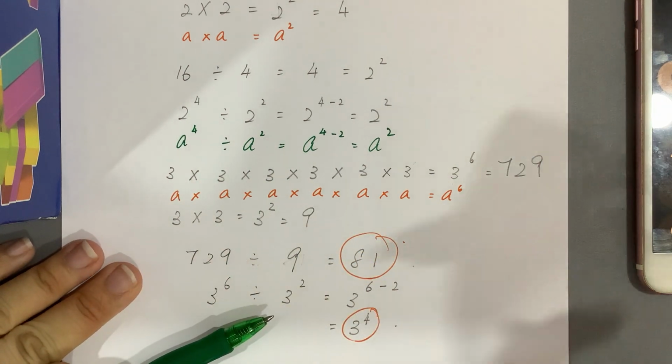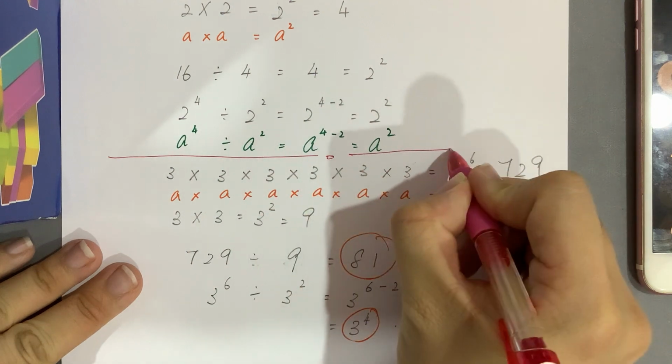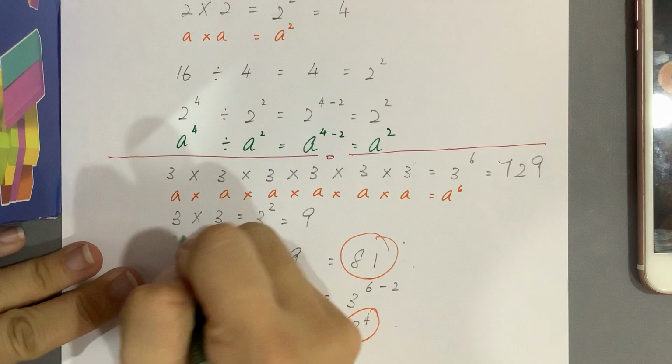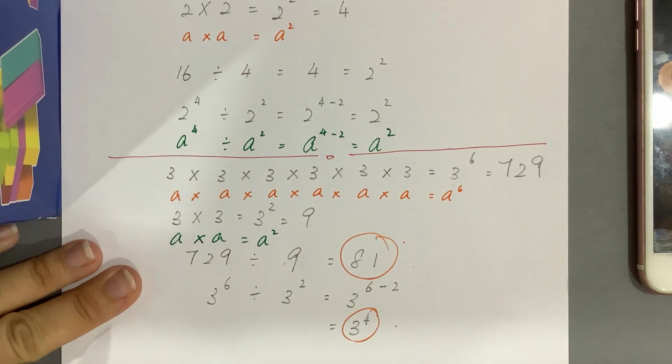Next one, I'll draw this line to avoid confusion. In this case, a times a equals a squared.